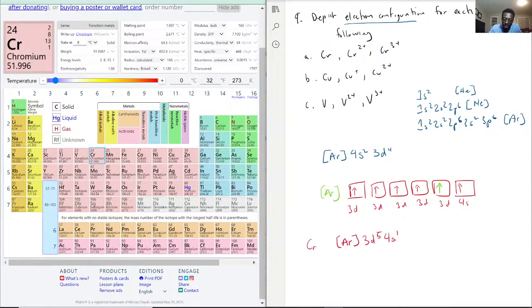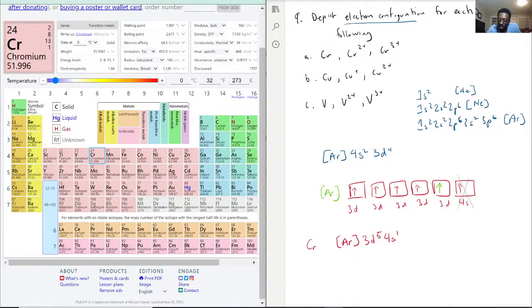This right here is chromium. Now let's think about what happens if we lose 2 electrons. It would most likely lose them from its outermost shell, which is the s. I'm going to cross it out.